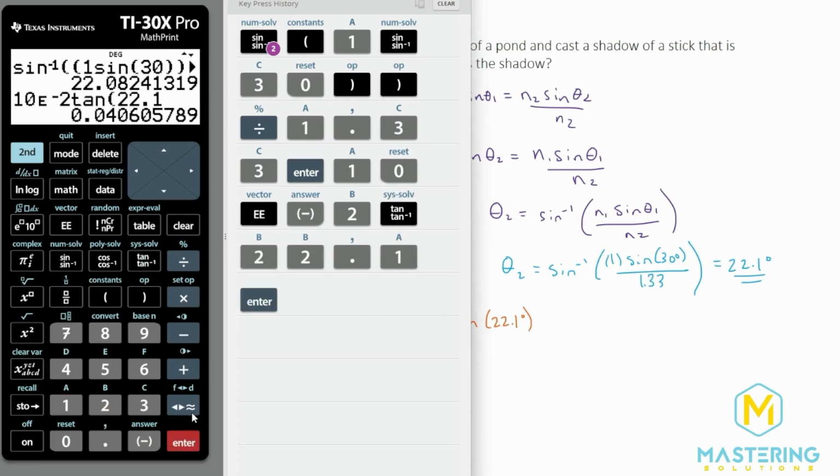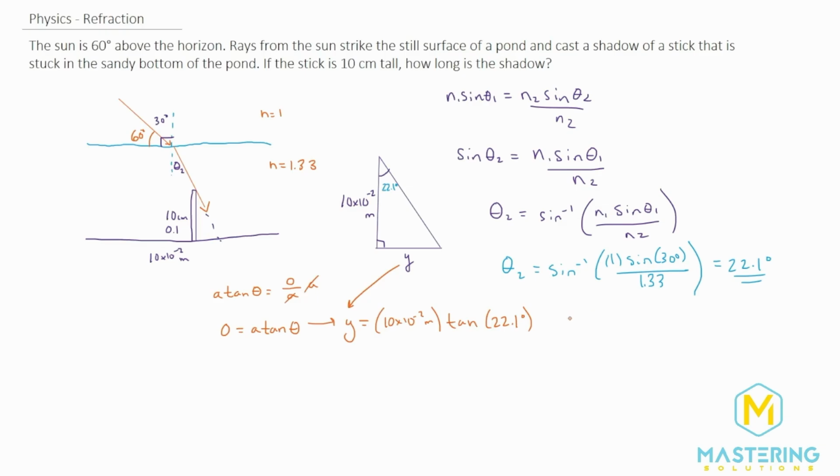And that gives us 0.04, so we go 1, 2, and we could round this to 4.1. So the length of the shadow is going to be 4.1 times 10 to the negative 2 meters, or 4.1 centimeters. So this is your answer for how long the shadow is, and we found that using Snell's law and some trigonometry.